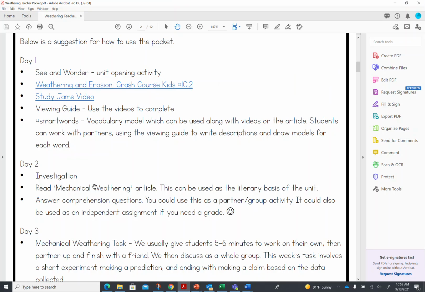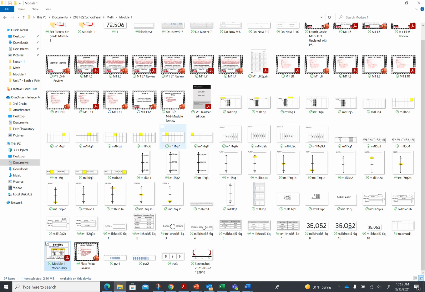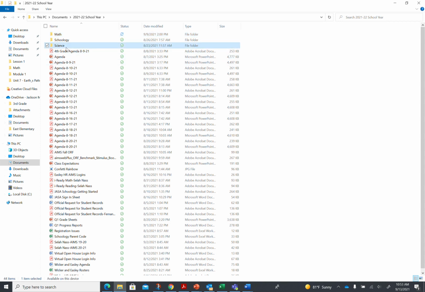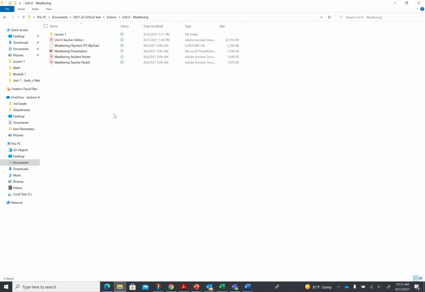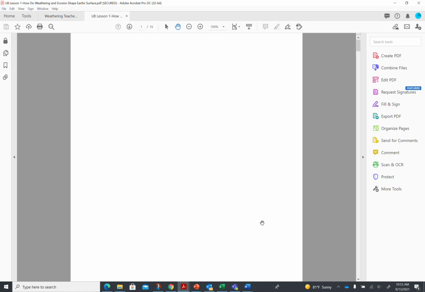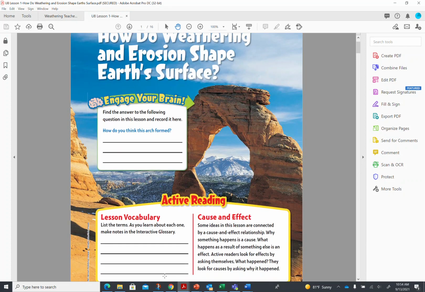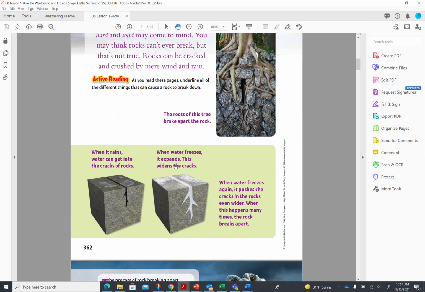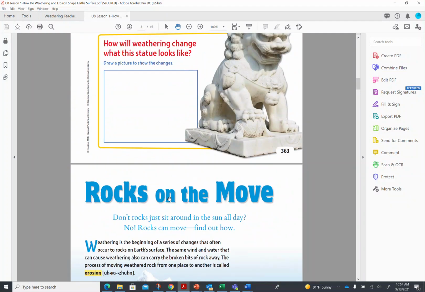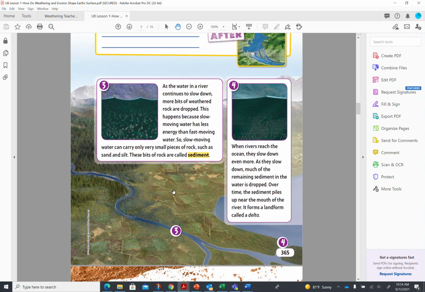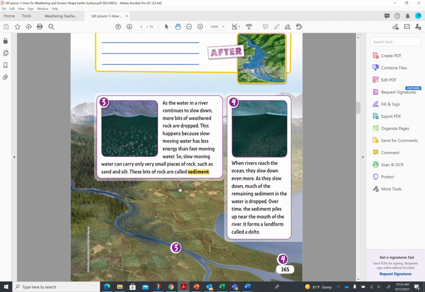Okay, so what we're going to do today, let me look, so that way I can put in there exactly which pages you're going to read. Okay, so we're going to read pages 1 through 5 on your link.